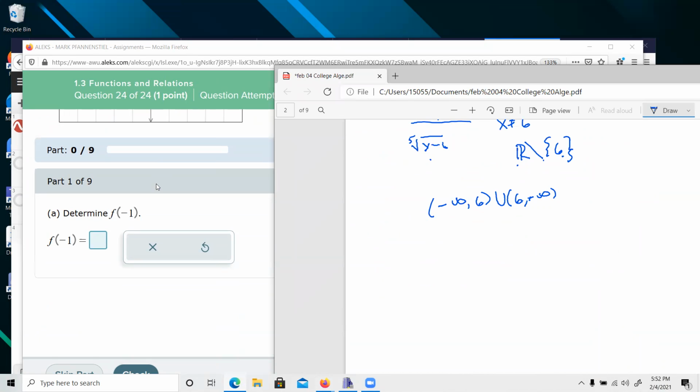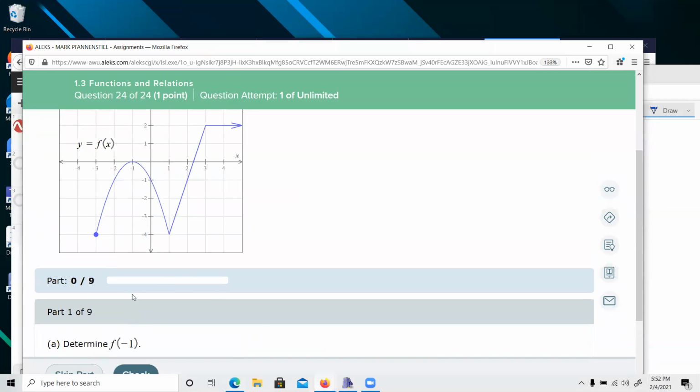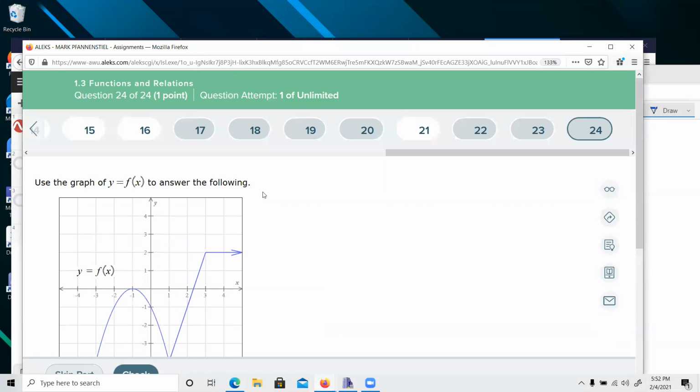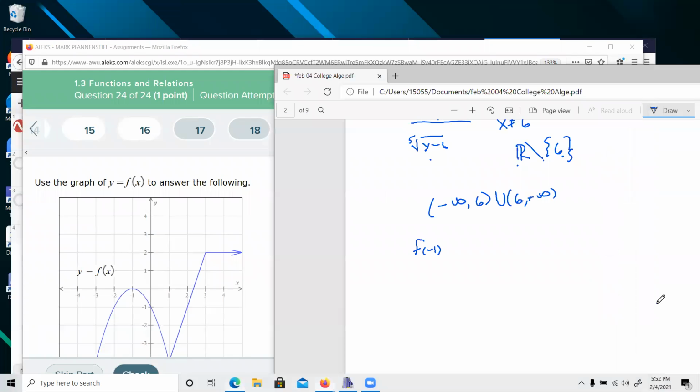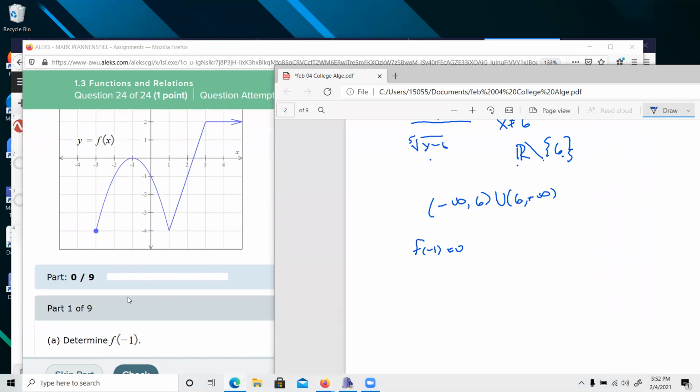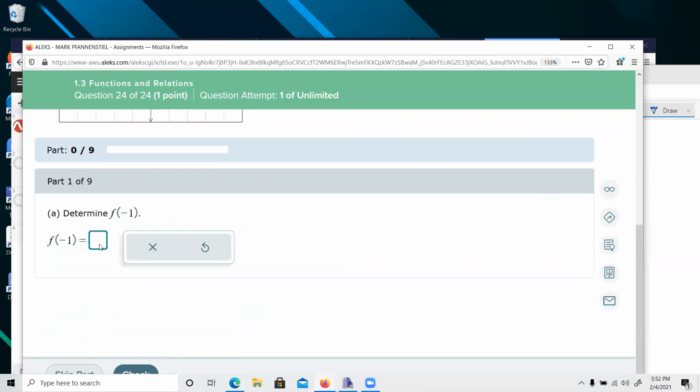But what do they want to know? They want to know f of -1. Oh, they're going to make us do it piece by piece. Oh, jeez. All right. So when x is -1, what's my y value? That looks like 0.